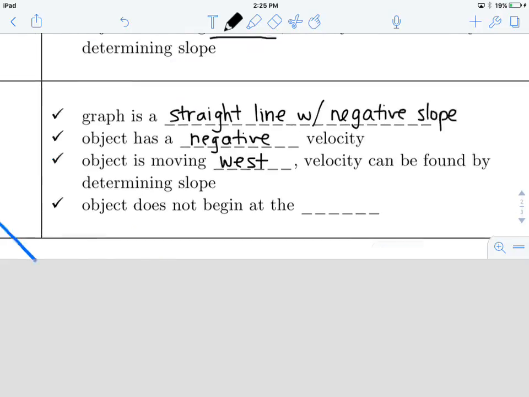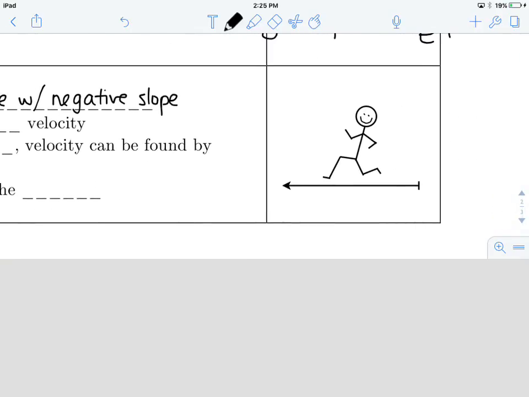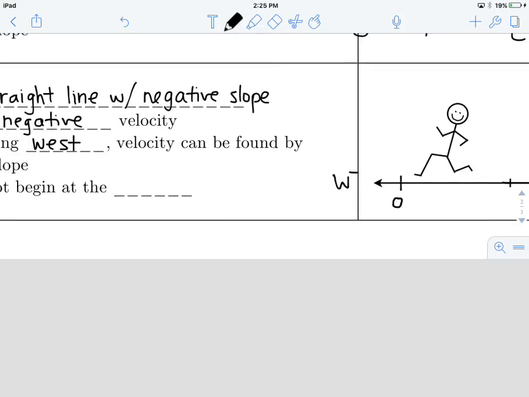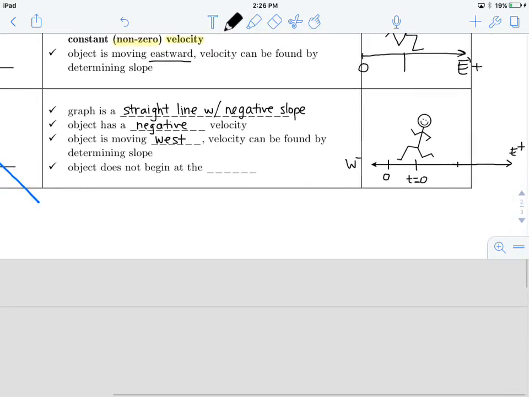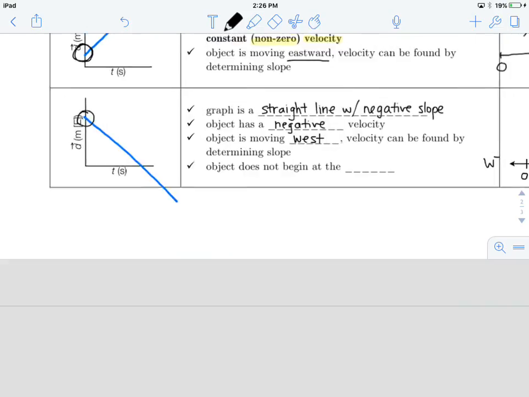Okay? So what that means is that this guy right here, this would be 0. This is west, which is negative. This is east, which is positive. And you'll notice that at the initial time t equals 0, at the very beginning, he's actually got a positive value for position.